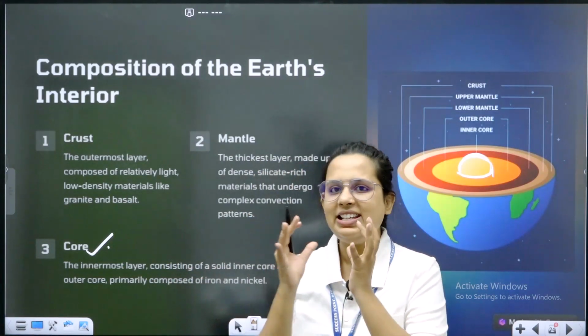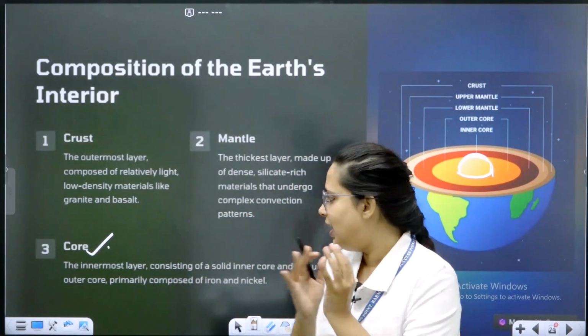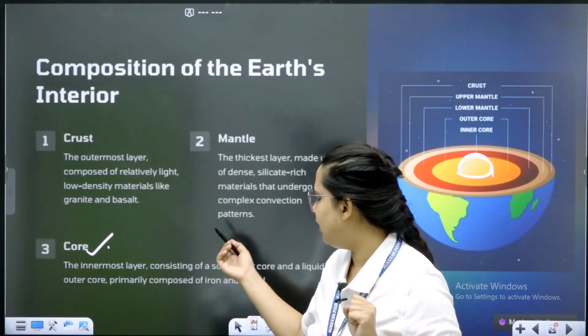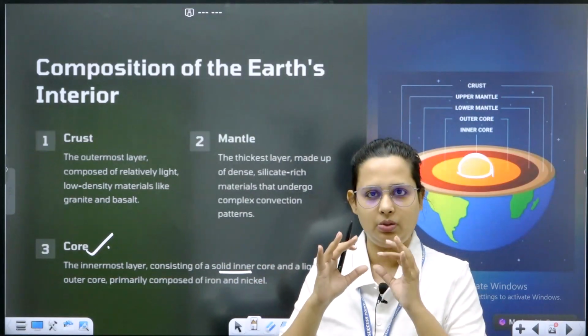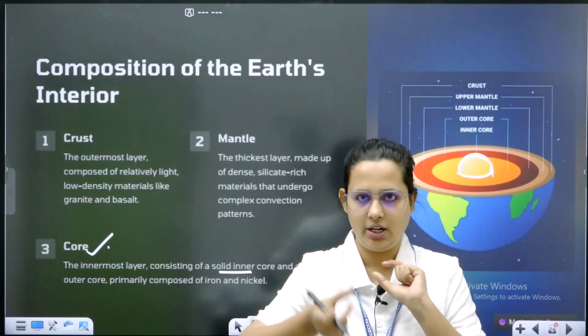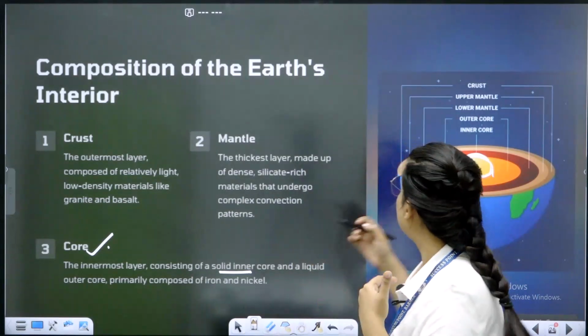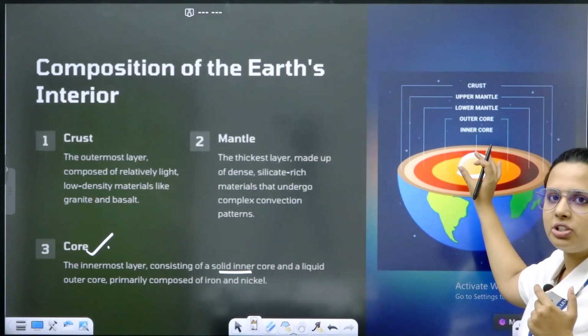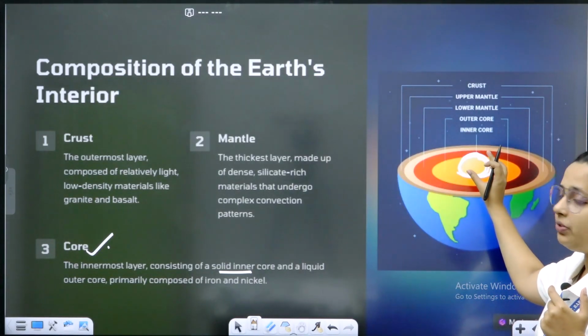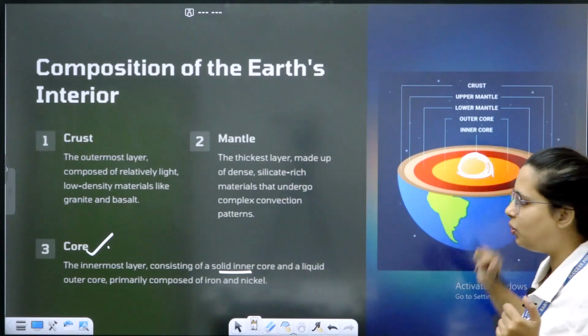Core is the innermost layer, right? It is mostly solid in the inner core, and as you go outside to the outer core, it is liquid in nature. So the most innermost sphere of the earth's interior is the core.